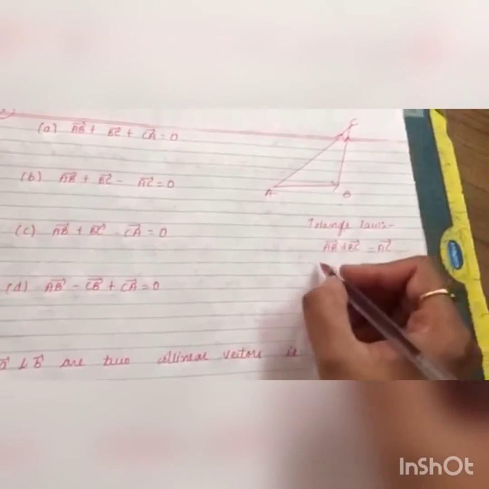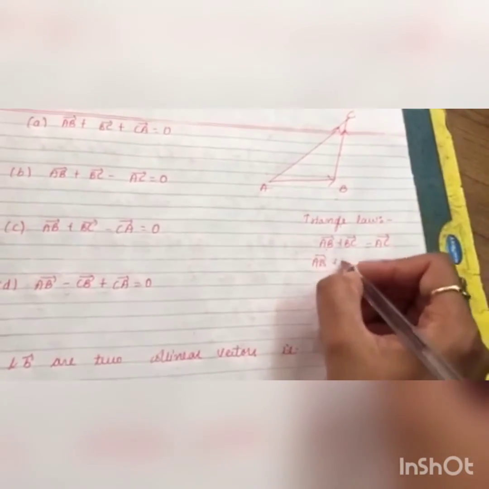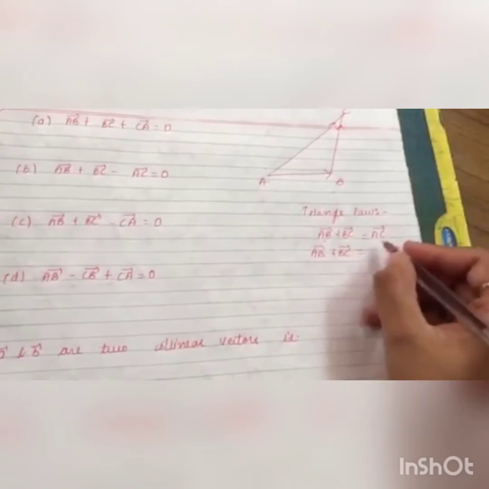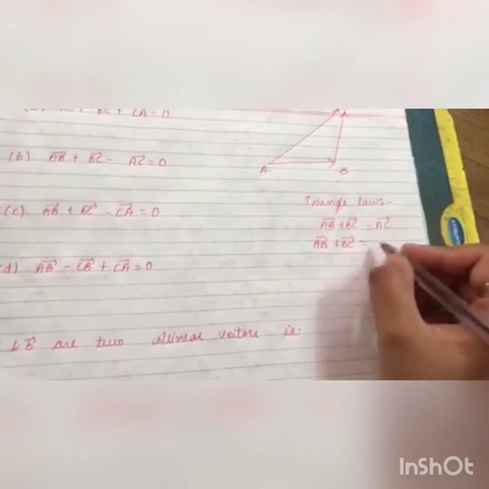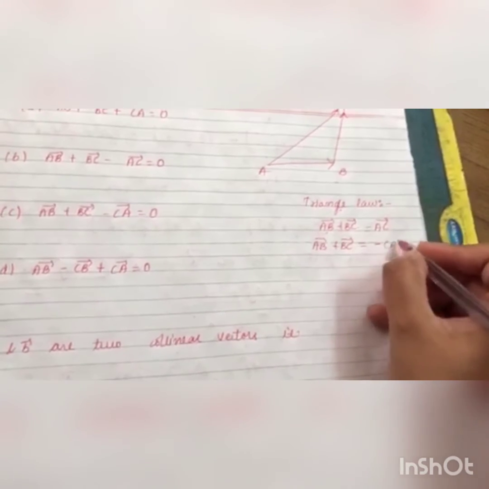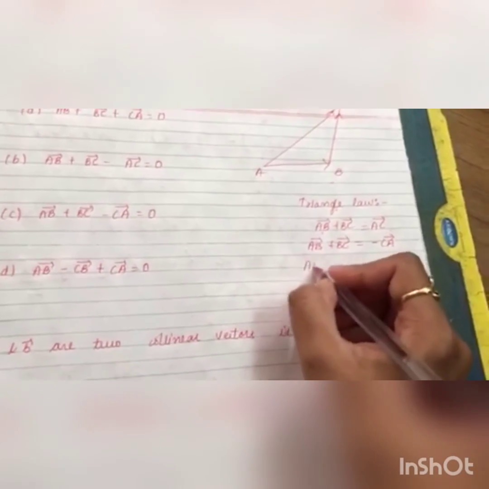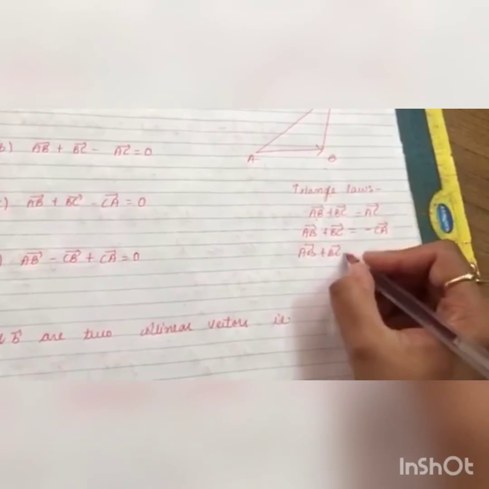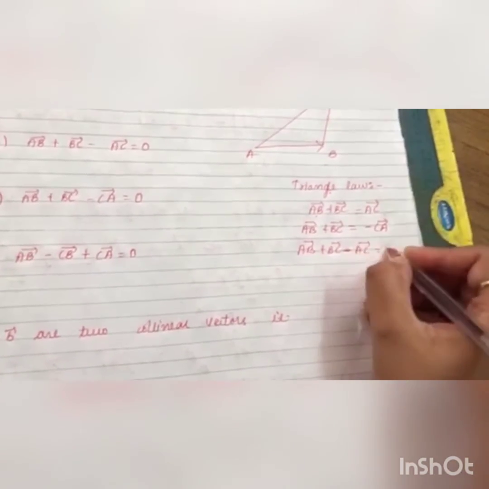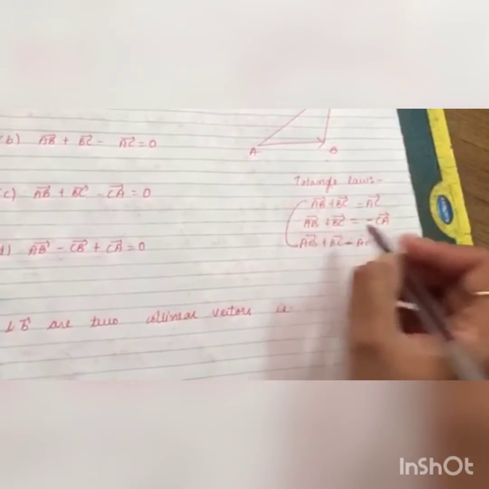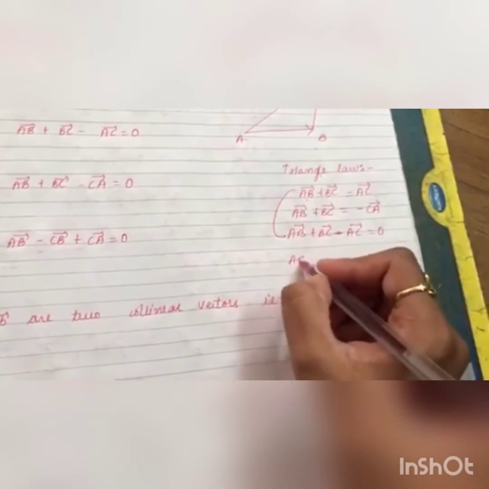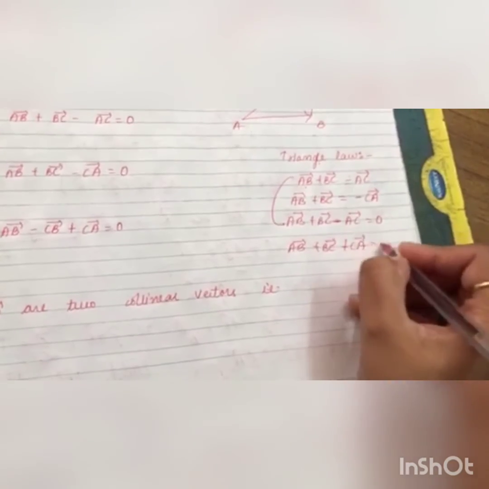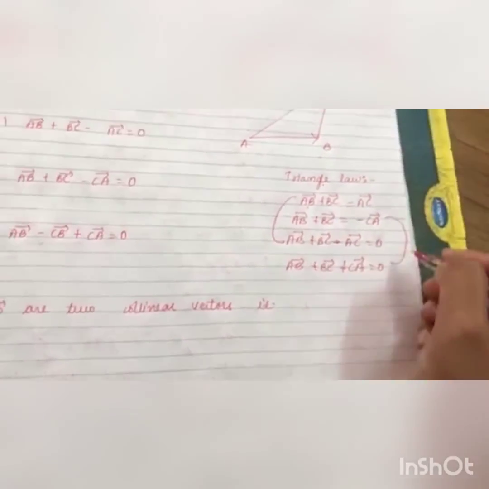If I change AC into CA, it will become negative of CA. Also if I take this AC to the left hand side, it will become AB plus BC minus AC equal to 0. And if I take CA to the left hand side, it will become AB plus BC plus CA equal to 0. So these are the equivalent forms.